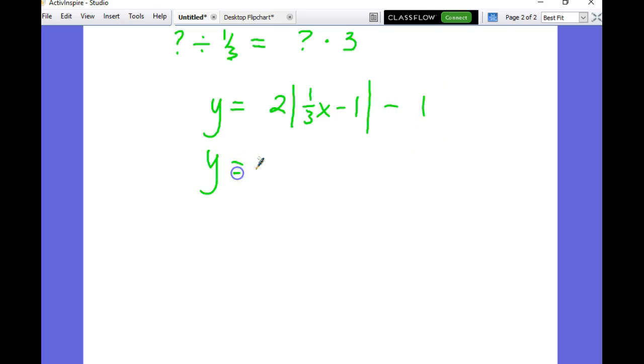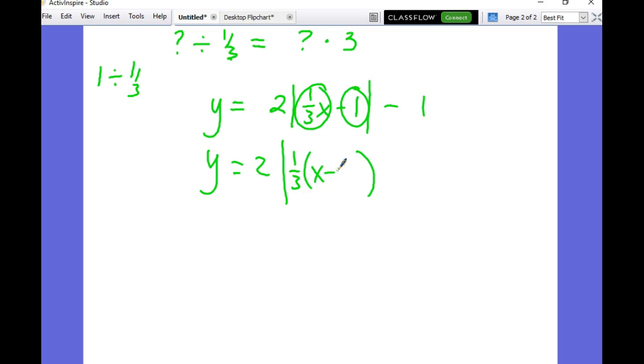This is the magic. You guys ready? I'm going to put 1/3 out here, and I'm going to divide both of these by 1/3. So if I divide 1/3 by 1/3, what do I get? 1x, right? What do I get if I do 1 divided by 1/3? There you go. Same change flip.